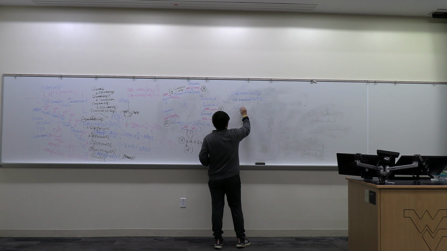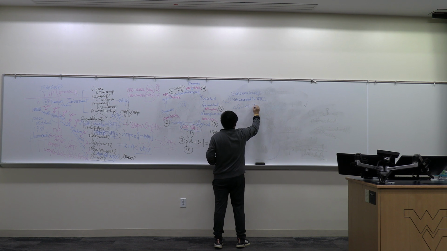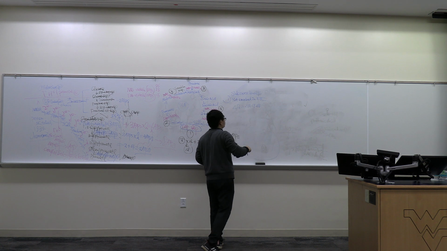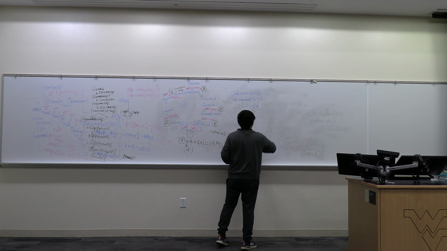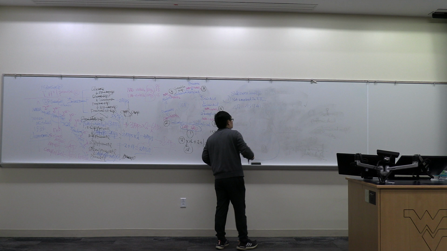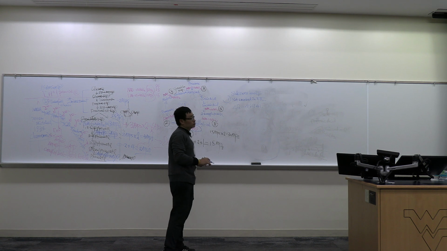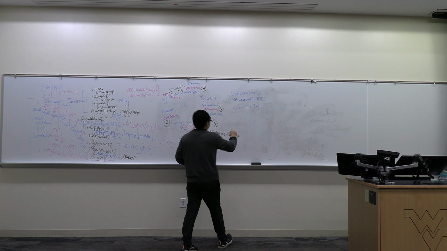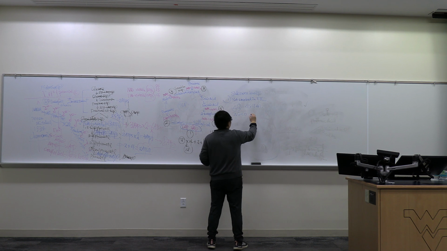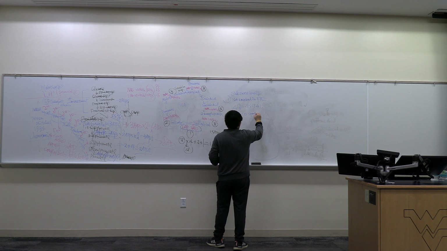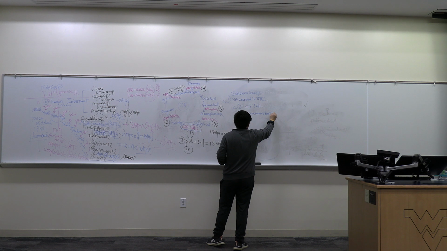This comes back to delta G equals delta H minus T delta S. Delta S is entropy, and T is the temperature. It's thermodynamics. If delta G is less than 0, a spontaneous reaction will happen.